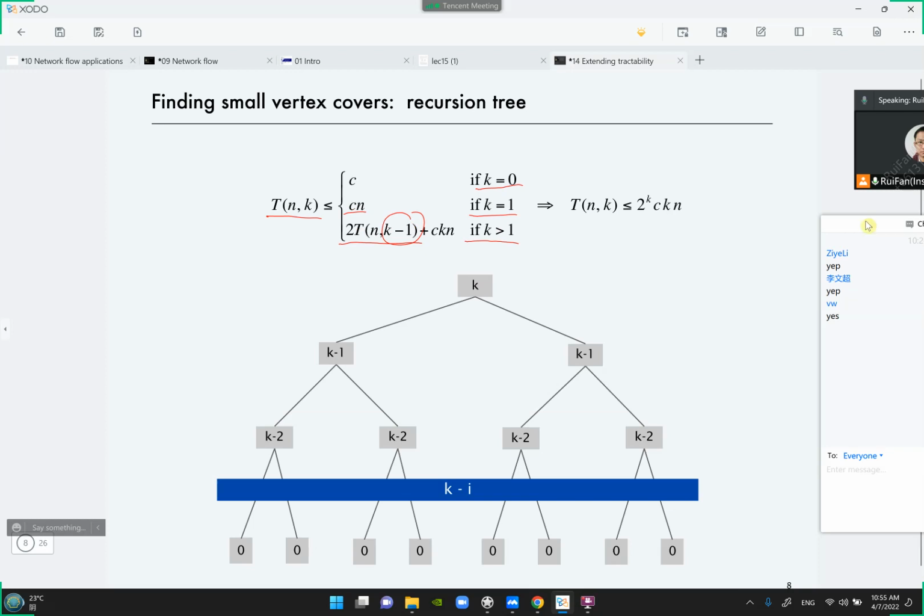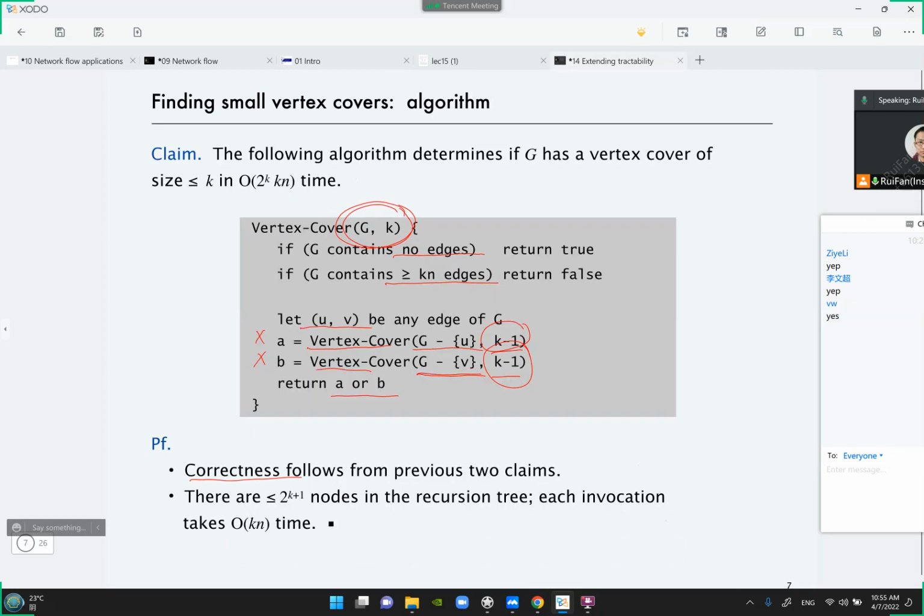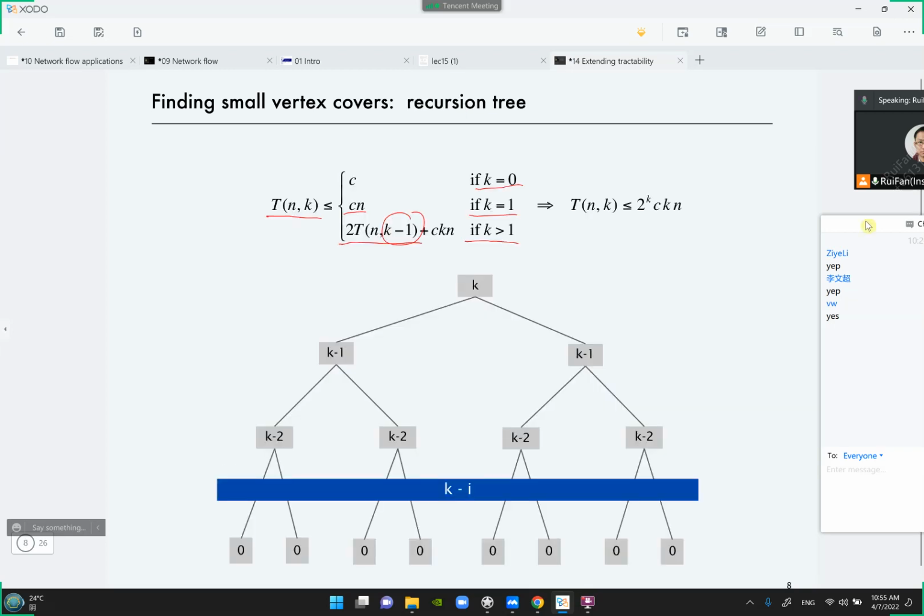After you make these 2 recursive calls, for each of these calls, you need to check whether the k vertices that you select can actually cover all of the edges. That's going to take c times kn amount of time. So you have this recurrence relation for the running time.